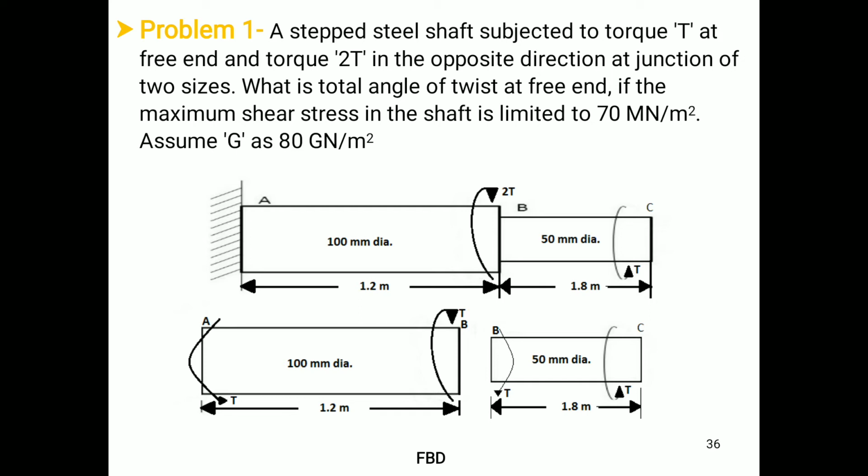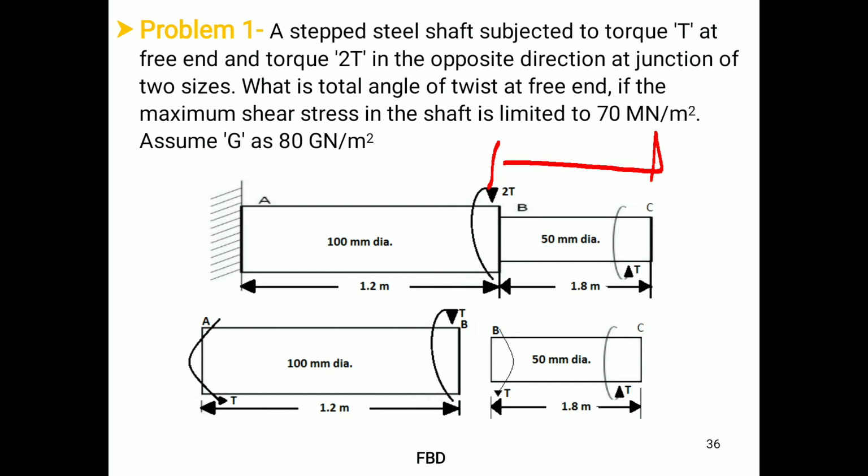So free end is C, and at C a torque is acting in anti-clockwise direction, because for this shaft BC, C will be the far end and B will be the nearer end. So the far end, that is C, is subjected to anti-clockwise torque, therefore it will be considered as positive.